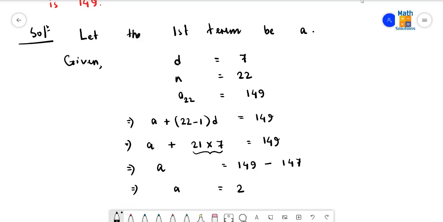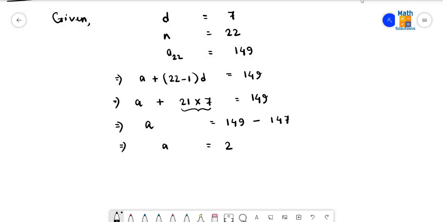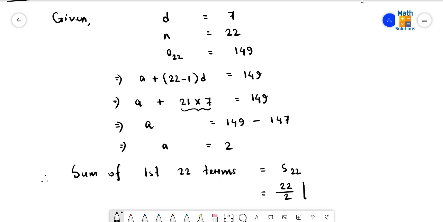What we have to find out here is sum of first 22 terms. That means S22. Therefore, S22 will be 22 by 2 within bracket a plus a22.